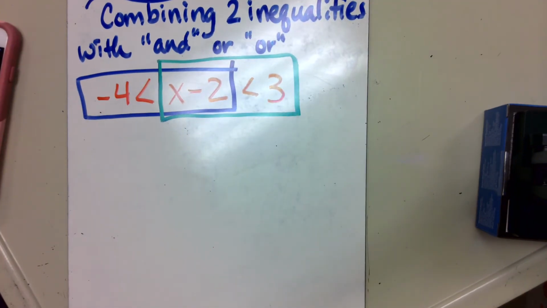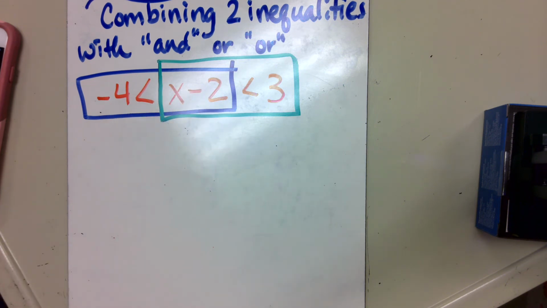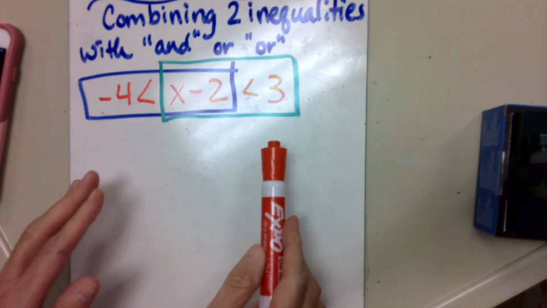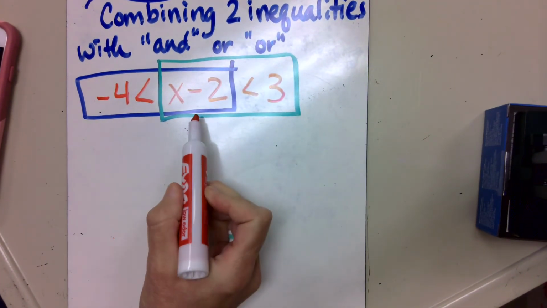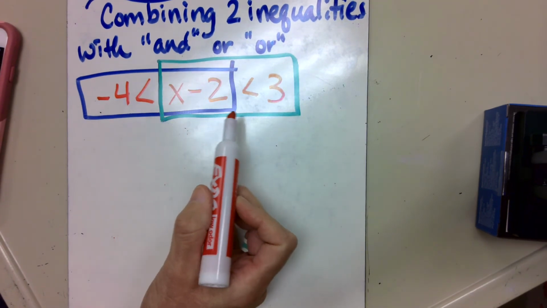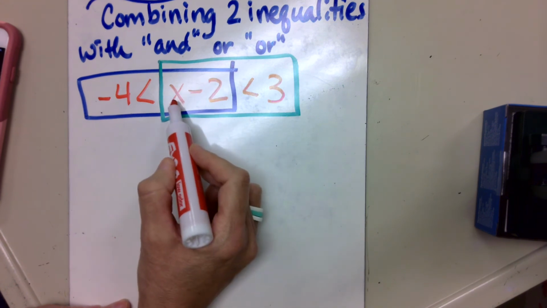Now, in this same problem, I'm going to show you another way to solve that without breaking out both of the inequalities. Remember what I told you earlier, that on both of these inequalities, we added 2 to both sides. Well, we can do that right from the beginning. We can start with the expression in the middle of our inequality symbols and figure out how we would get our x by itself.